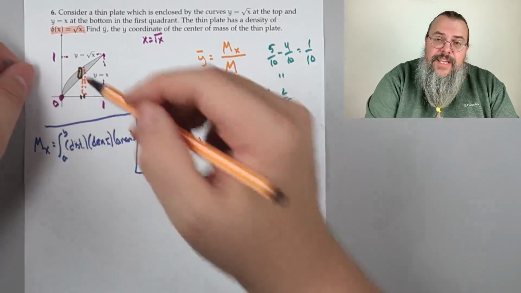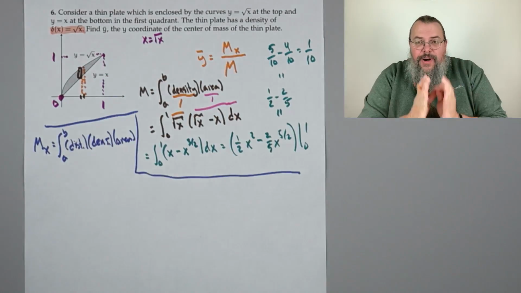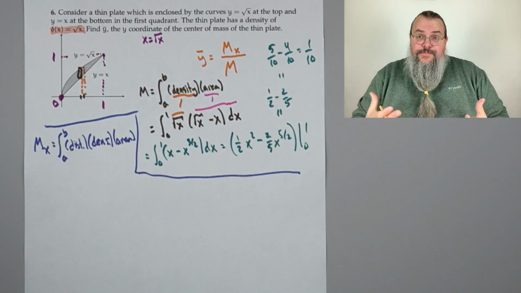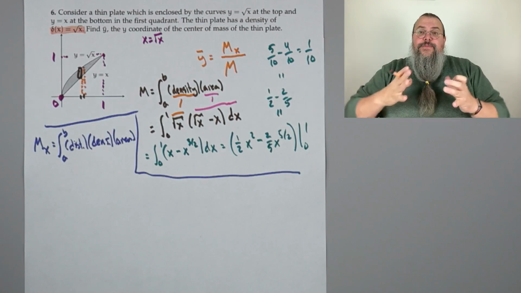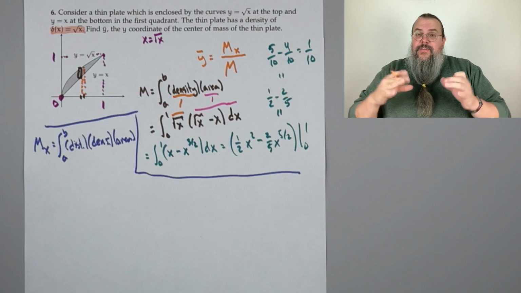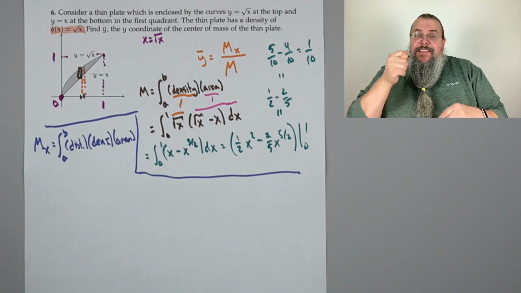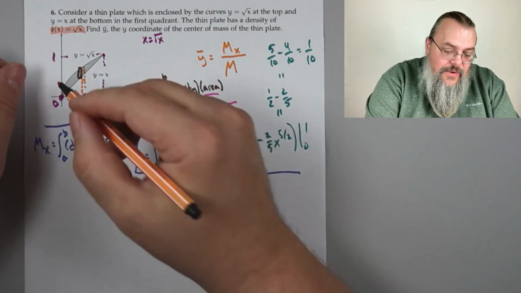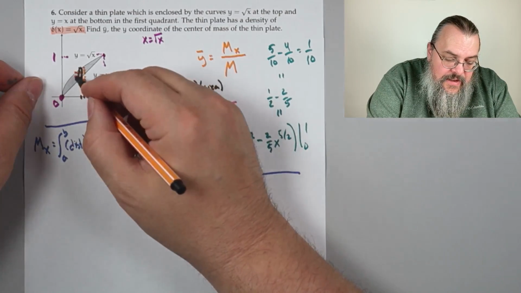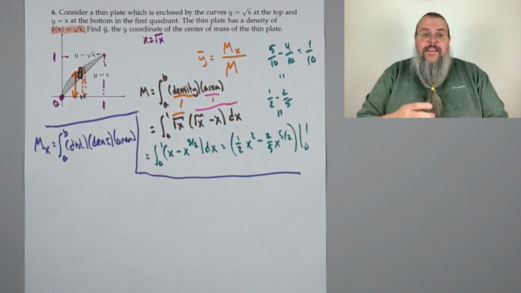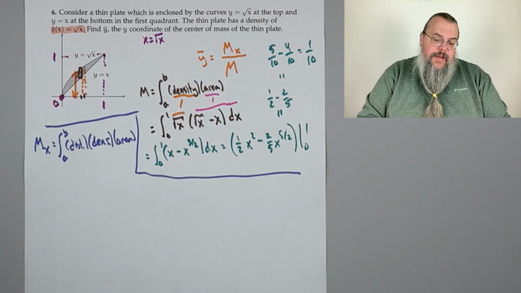In this rectangle, because it's so small and thin, it's essentially a uniform rectangle, and the center is in the middle. So the right distance is to the halfway mark. So that's the key. This is the halfway mark down.